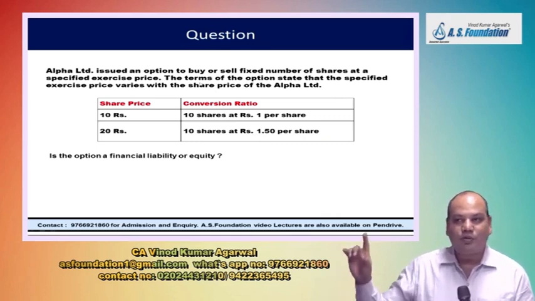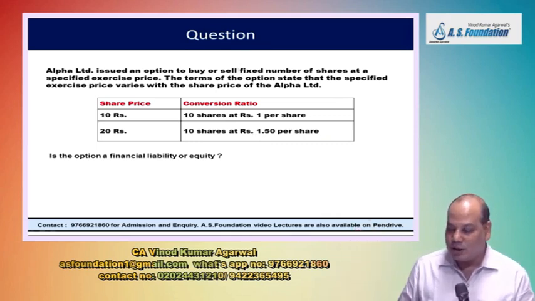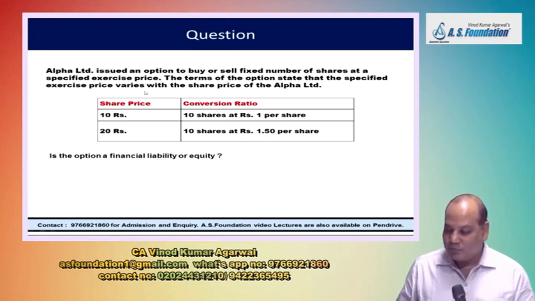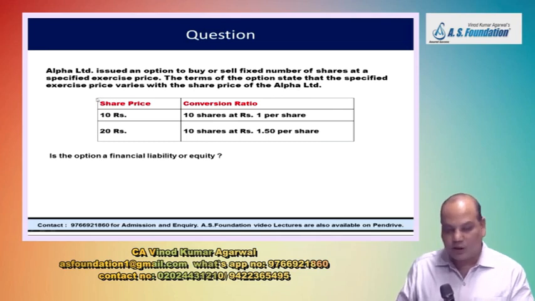Read the full question to come to a conclusion. Don't be in a hurry. The terms of the option state that the specified exercise price varies with the share price of Alpha Limited. Exercise price will vary with the share price of Alpha Limited. So there is a hint in this line.